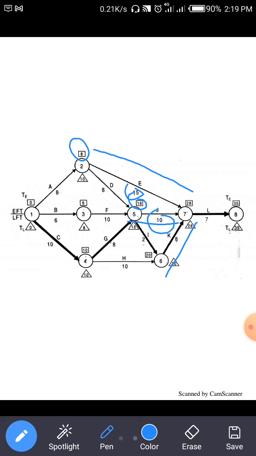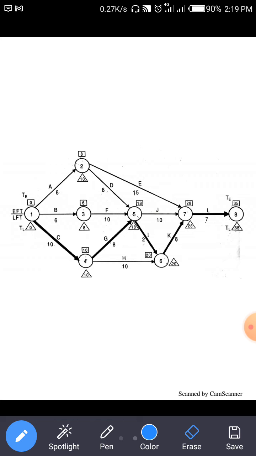So 18 plus 10 is 28 and 20 plus 8 is 28. So the maximum value is 28. So right here, as the T value for node number 7. Similarly for the 7 to 8 arrow, 28 plus 7 is 35. Clear? So we find out the T value of each and every node.